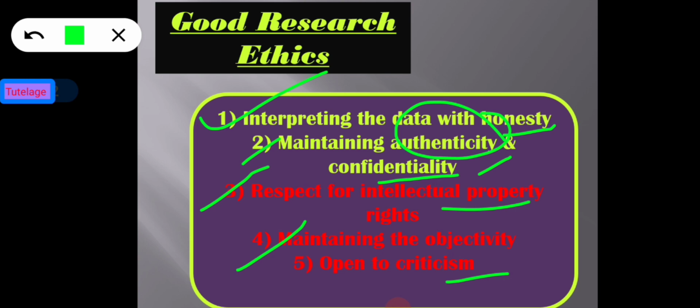Different ethical issues may emerge at different steps of the research process. These should be resolved in the light of the above mentioned ethics: interpreting the data with honesty, maintaining authenticity, confidentiality, proper intellectual property rights, maintaining objectivity, being open to criticism, etc.